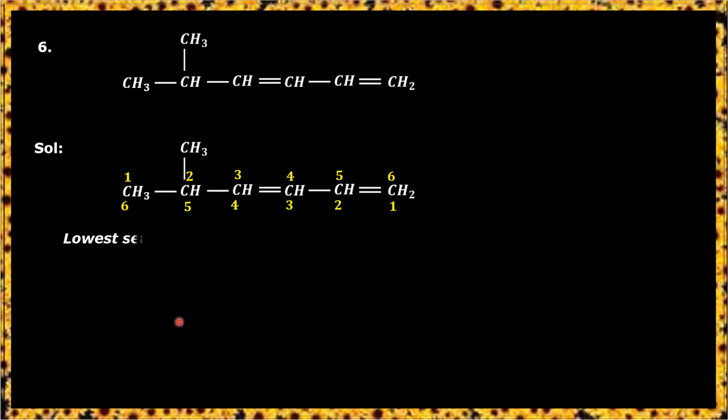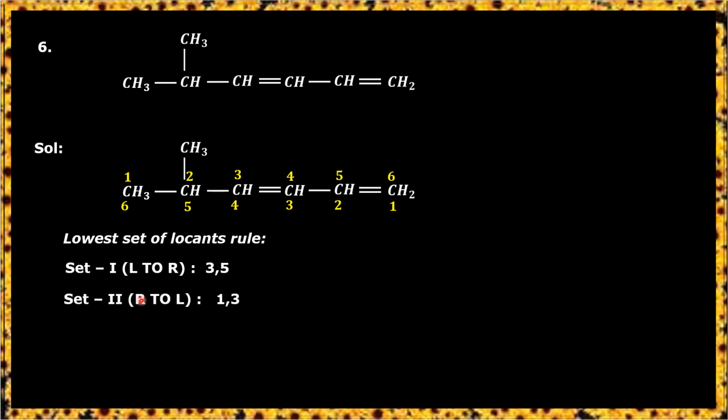Okay. Lowest set of locants rule, you see here, set 1 locants are, if we consider the numbering from left to right, then the third and fifth carbon atoms are bearing double bonds. And if we consider the numbering from right to left, the first and third carbon atoms are attached to double bonds.